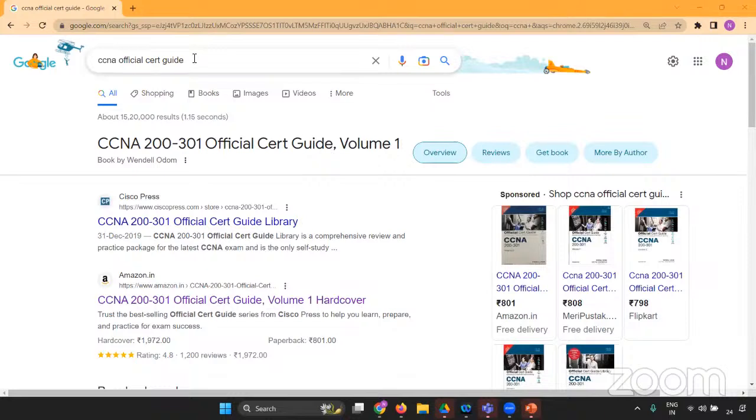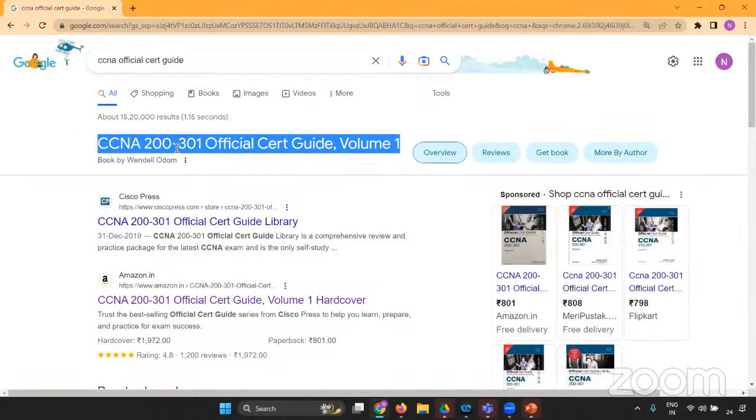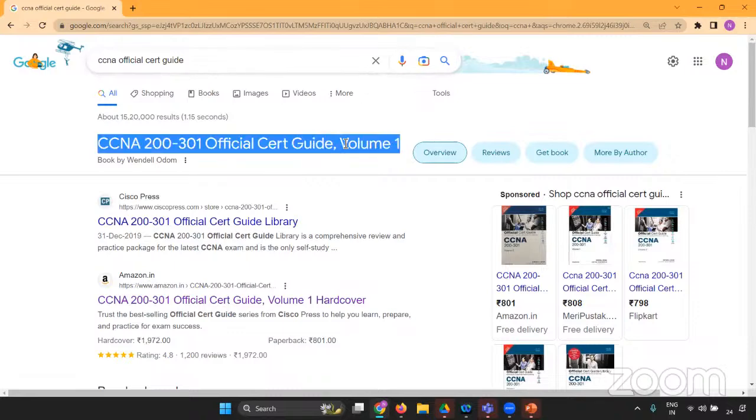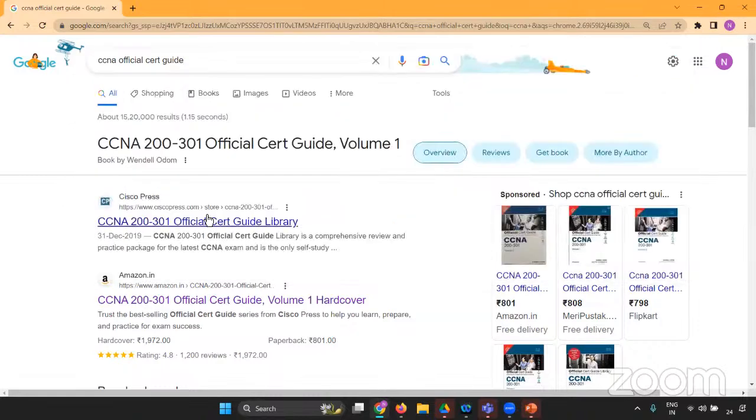There are two volumes, volume 1 and volume 2. You can just take a screenshot of this CCNA official certification guide. I have the PDF, and you can share it with your group. You can get the PDF version without much effort, just by Googling it. Is the PDF version paid or free?